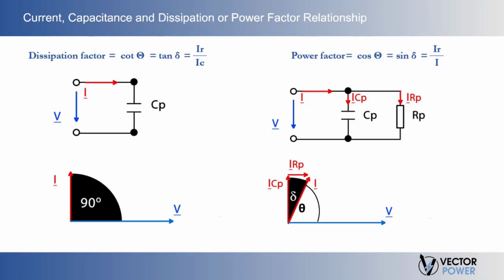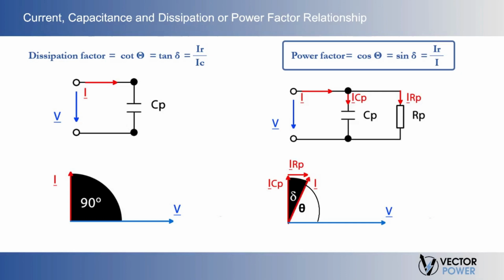It is more convenient to use the dielectric loss angle delta, where delta equals 90 degrees minus theta. For low power factor insulation, I sub C and I are substantially of the same magnitude, since the loss component of I sub R is very small.